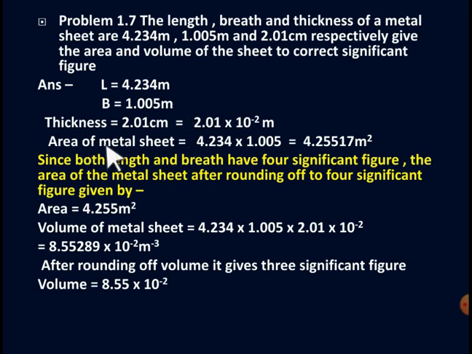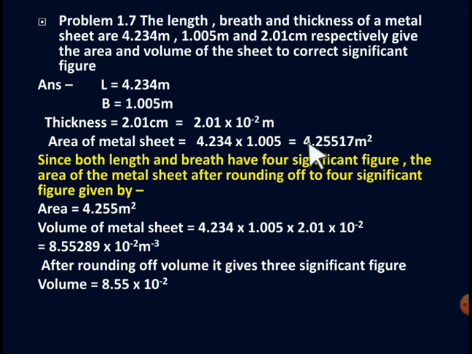Now in finding the area of the metal, length into breadth, that means 4.234, which has 4 significant figures, and the breadth also has 4 significant figures. When you multiply it, you need to express it in 4 significant figures.